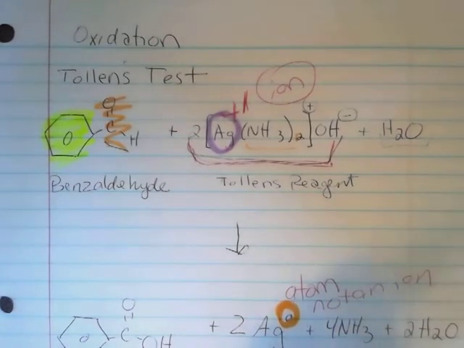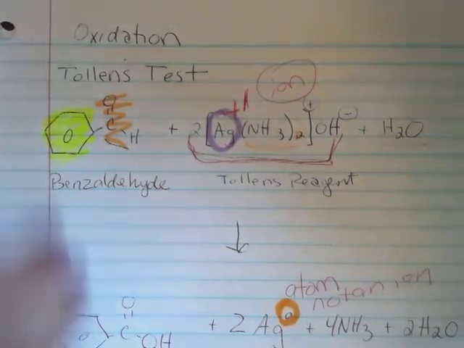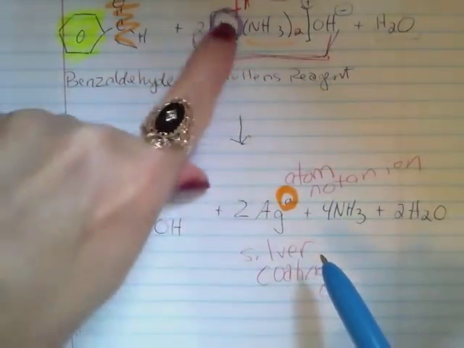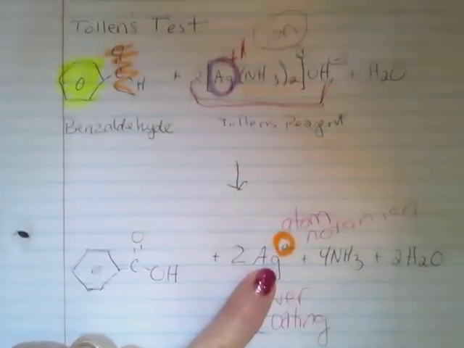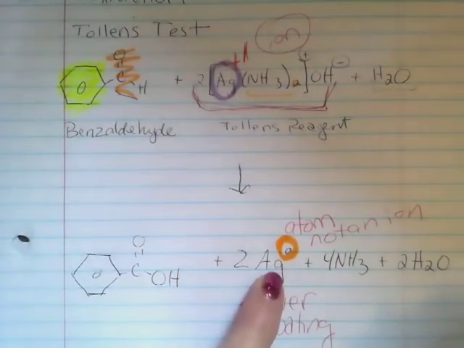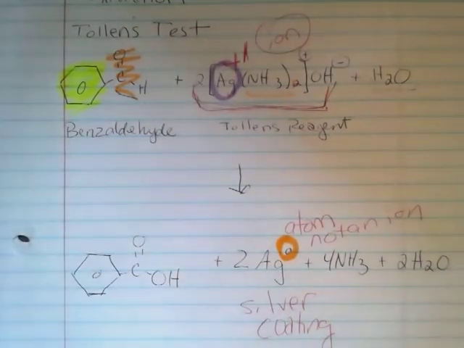So this is that silver coating that we see that makes that silver mirrored type coating. So this number is reduced. It gets reduced because you go from a +1 to a 0. That's a reduction.